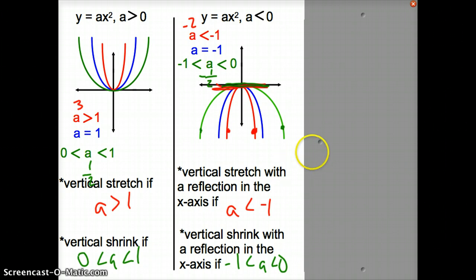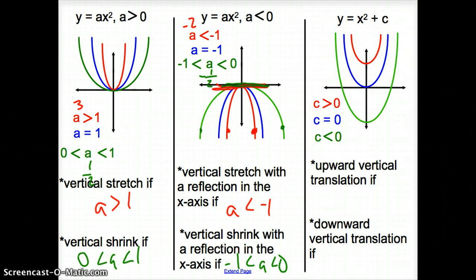And then finally, our last example is y equals x squared plus c. We're going to start again with c is greater than 0, so c could be any number that is greater than 0. We'll go with 3. If c was 3, it would move our parabola up 3 on the y-axis. It would start where the blue parabola is, our parent parabola, and move it up 3.